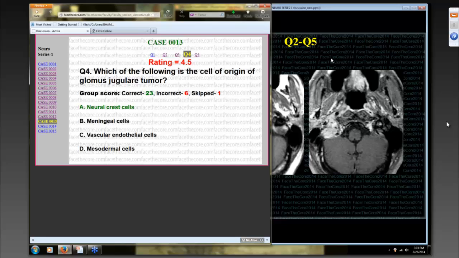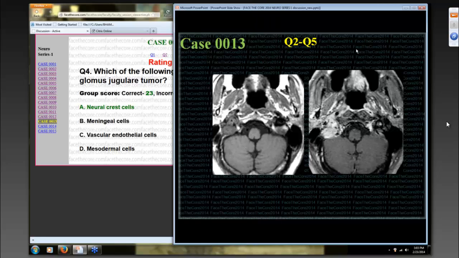And these tumors, just like the adrenal medulla, have a common cell of origin in the neural crest. So these are neural crest cells, and that's why some of the glomus tumors, especially when they are multiple, like glomus jugular, glomus tympanicum, or a carotid body tumor, or bilateral tumors, have an association with pheochromocytomas.